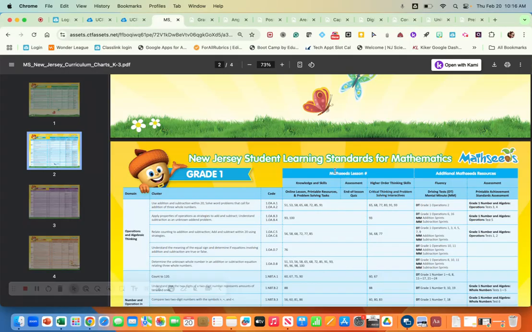And then it tells you the lesson that you can assign to the students, or your students can work on with you together. So you'll be able to look at the lessons, the end of lesson quizzes, and higher order thinking skills. And these are the lesson numbers that relate to those specific domains and clusters and standard codes.